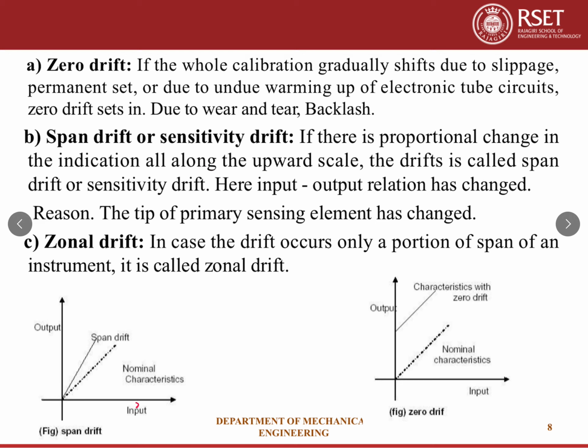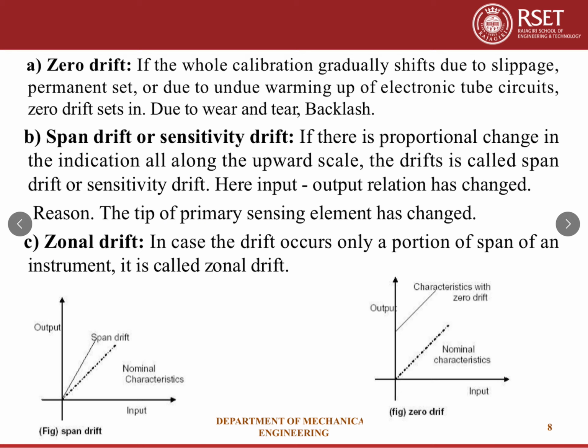When we look at this input-output plot, we have a linear relationship, but when we look at the slope of both the normal characteristic and span drift, there is a difference. There is a change in the input-output relationship throughout the reading. The reason for this is that the tip of the primary sensing element, the main sensing element, has changed or been damaged, and it's giving a faulty reading. So that is span drift.